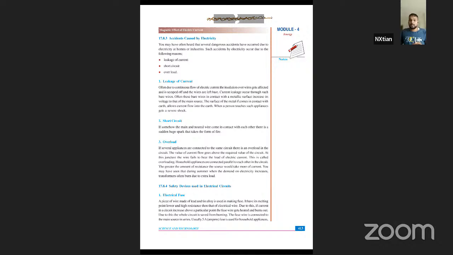There is no insulation over that, and when you touch the running electricity to this naked copper wire, then you will have a shock.